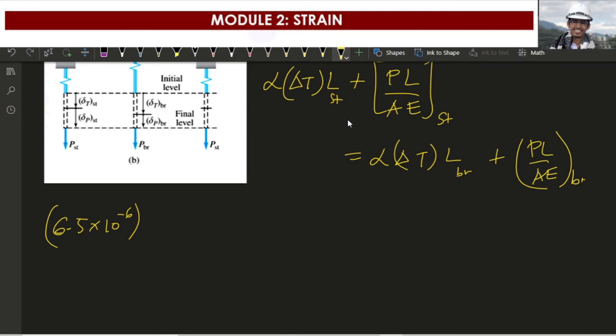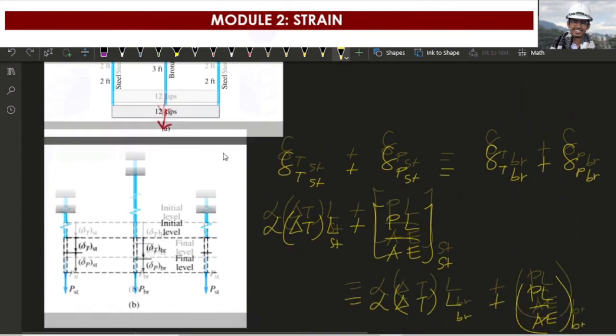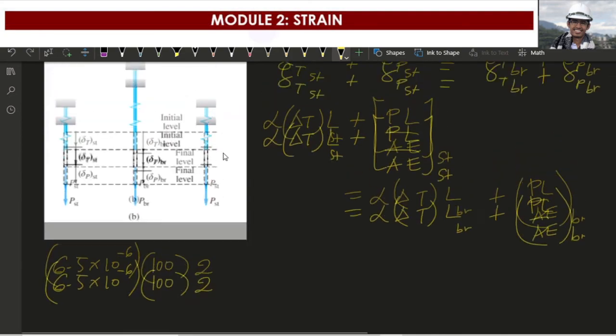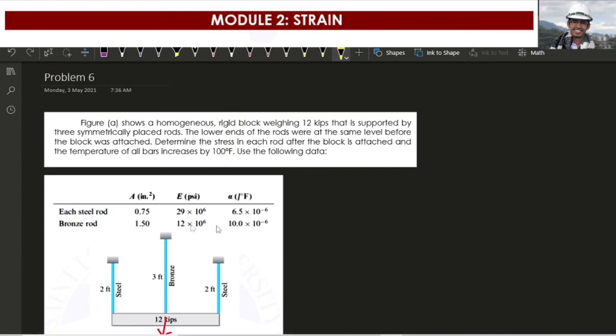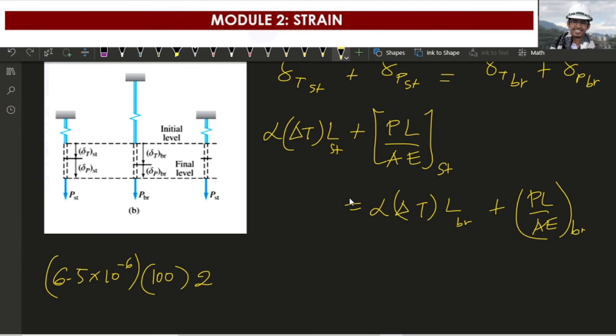So that is 100 degree Fahrenheit. Okay? So times 100 times yung length ng ating steel. So that is 2 feet. So multiply natin ng 12 para maging inches siya.